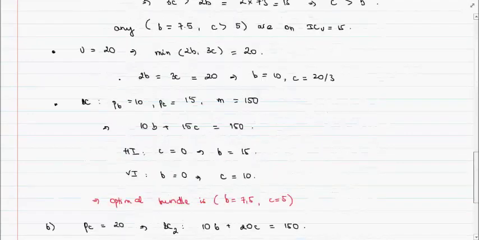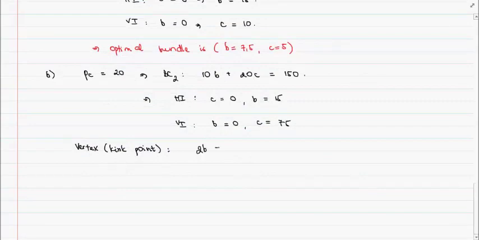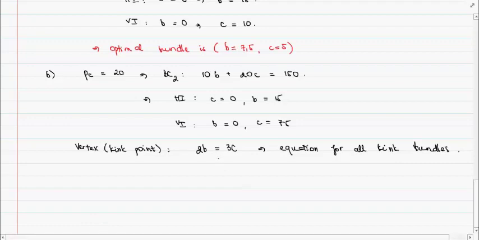So if I equate 2B and 3C, then this is going to be the equation that includes all of the kink bundles. So this is the equation for all of the kink bundles. And so now we just have to find a bundle that satisfies this equation and also lies on the budget constraint over here.